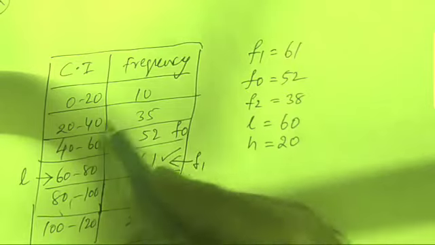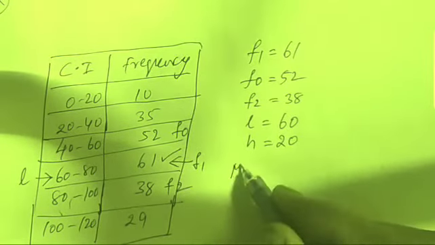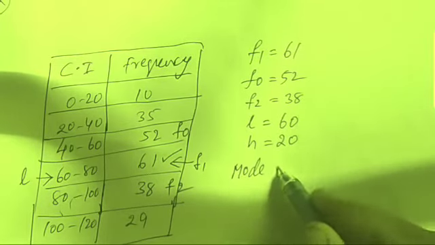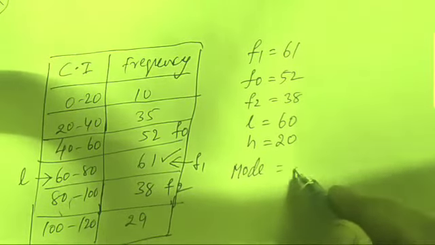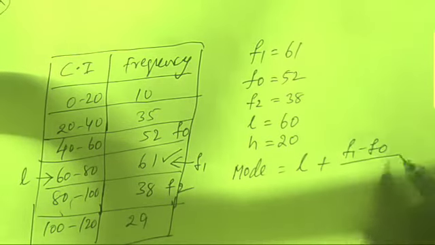Now I find the mode of the given data. So it is L plus F1 minus F0 by 2F1 minus F0 minus F2, into H.